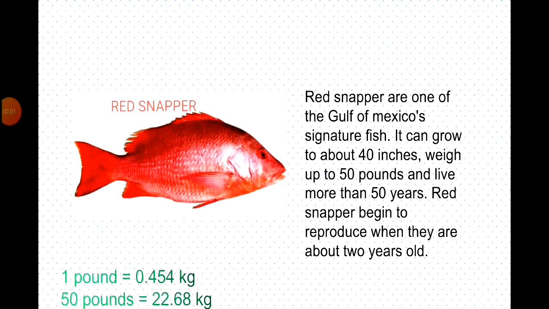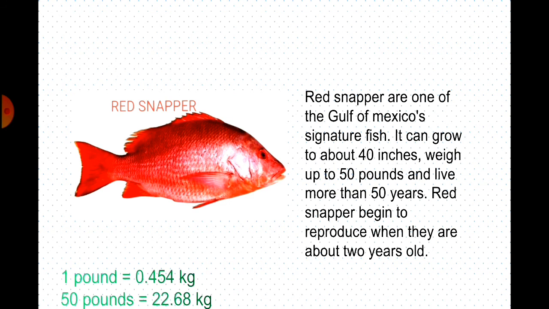Red snapper are one of the Gulf of Mexico's signature fish. It can grow to about 40 inches, weigh up to 50 pounds, that is approximately 22.68 kgs, nearly 25 kgs.